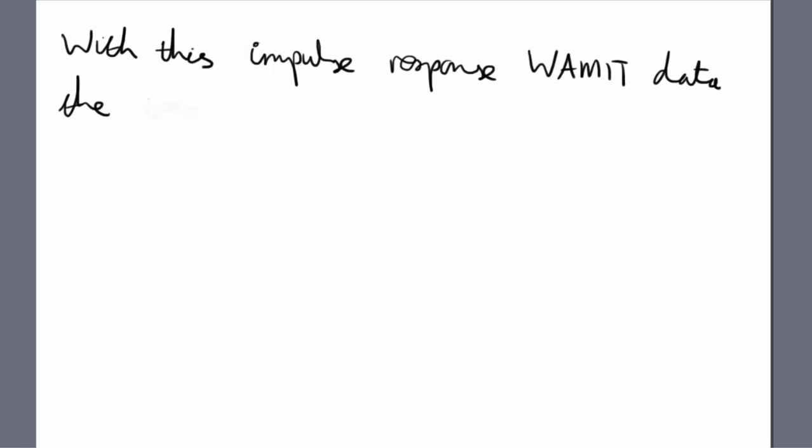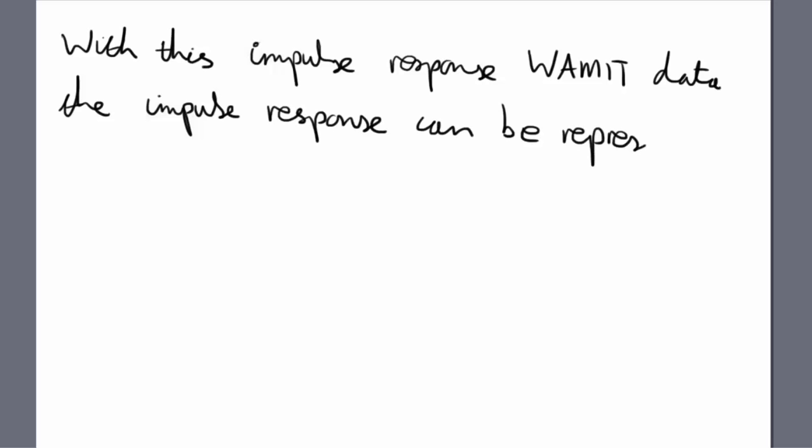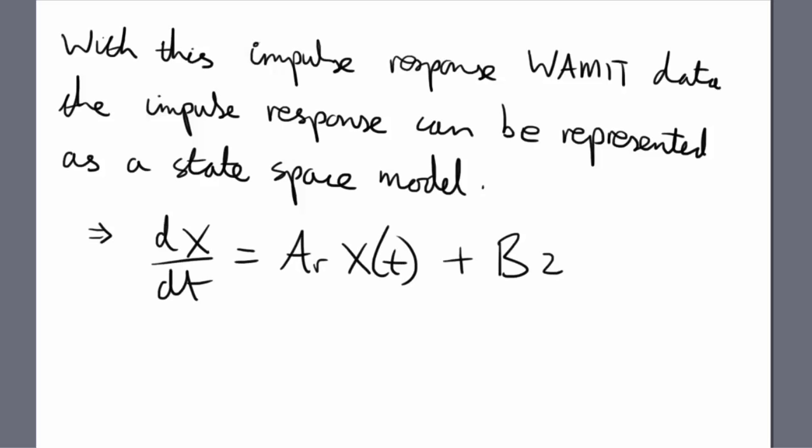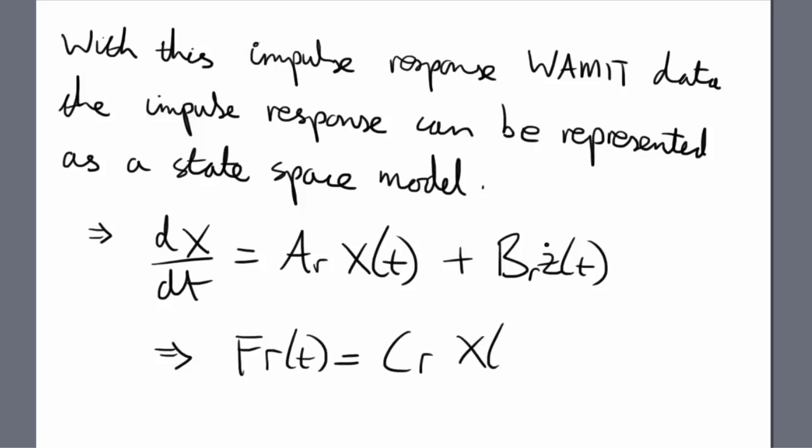With this impulse response WAMIT data, the impulse response can be represented as a state space system. It's a standard model, where the input into the system is z dot, the WEC's velocity, and the output is the radiation force.